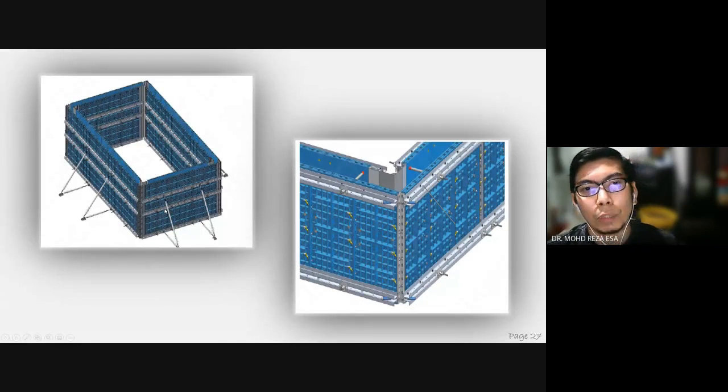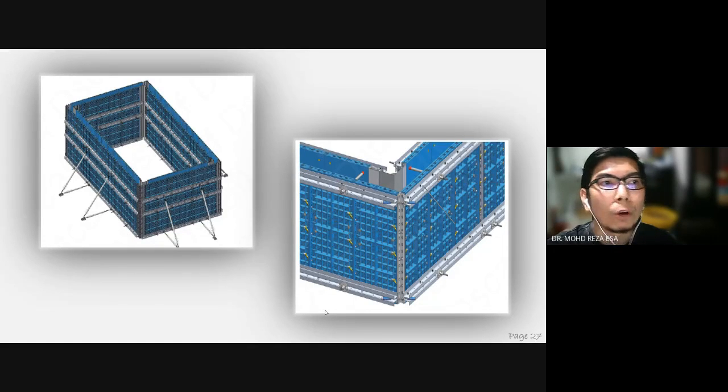So bila kita dah make sure semua komponen pins, weller, penghujung edges ni, okay, has been properly installed, and then double check, dan kita akan pour concrete lah. Okay, so barulah kita dismantle the formwork. Okay, so that's plastic formwork system lah, and that's also available.